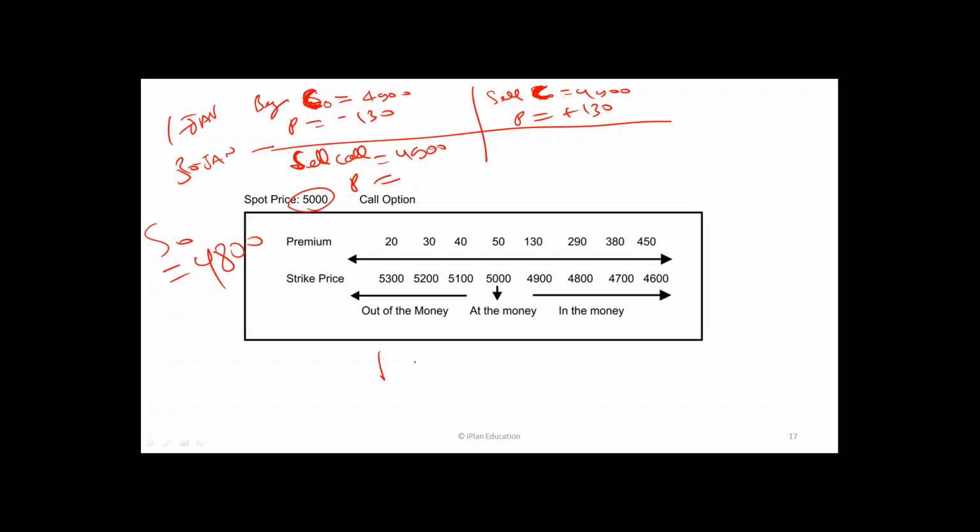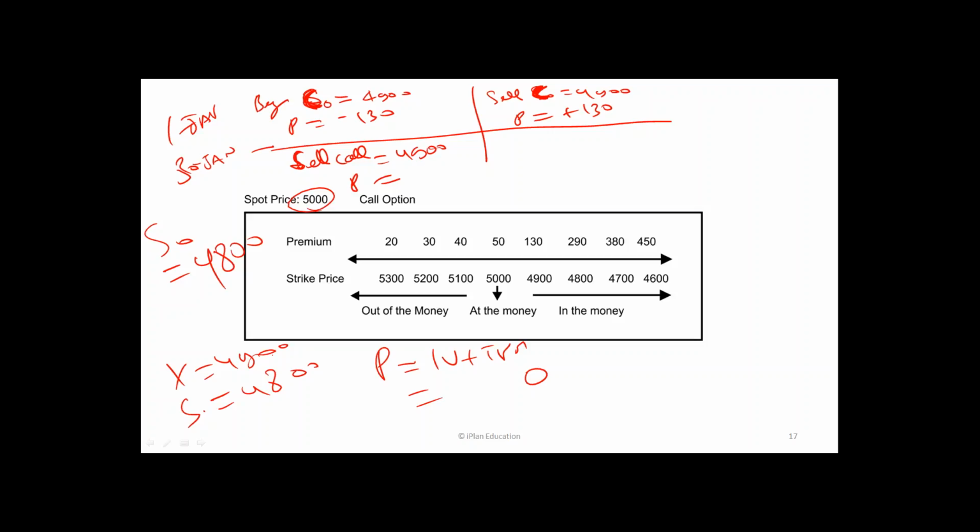So premium should be intrinsic value plus time value. Time value we know is 0. Now tell me one thing. This call is 4900, so the strike price is 4900. And today on 28th of January, the spot price is 4800. So is this call now in the money or out of the money on the date of 28th?